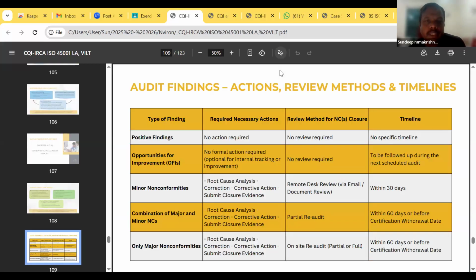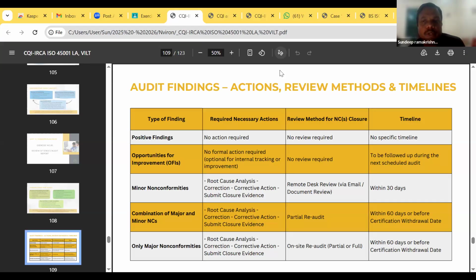So the various findings: positive findings, no action required on any positive findings, and there is no specific timeline for a positive finding. Opportunities for improvement, there is no formal action required. Auditee can choose to work on an opportunity for improvement or even disregard it.